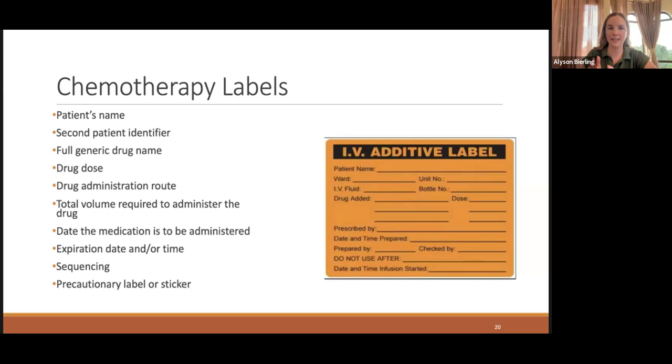Then you could take those printed labels, even if it's just on paper, and tape that to the bag or to the syringe. So that's one workaround that I've seen in other settings.